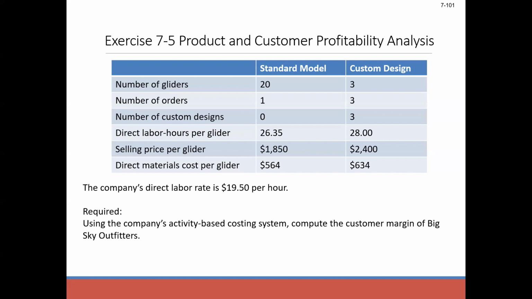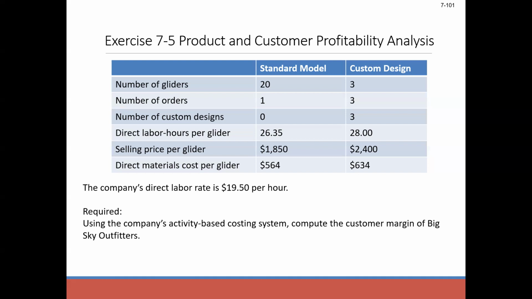We've got the direct labor hours per glider and the selling price per glider, and ultimately the direct material costs per glider. Using the company's activity-based costing system, compute the customer margin of Big Sky Outfitters.